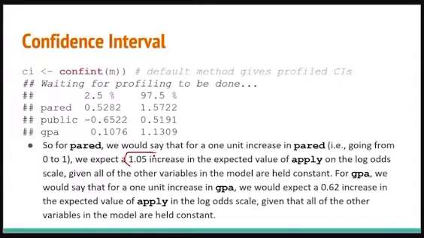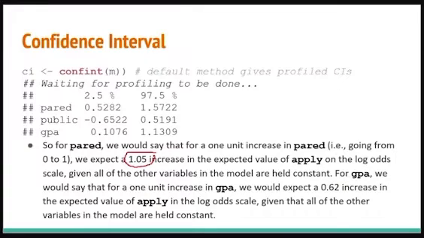Look at what I'm going to say. For PAROD, parent education, we will say that for a 1 unit increase in parent education, you know the meaning of a 1 unit increase in parent, that is going from 0 to 1. It means a parent moving from no education to having education. You understand what I mean? Because the parent education here is categorical.